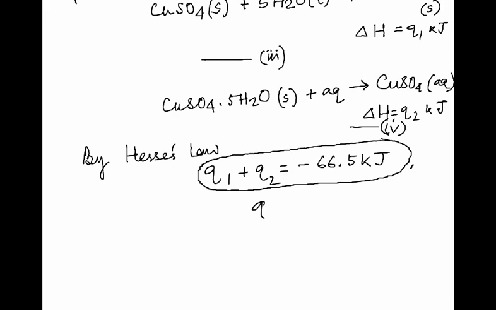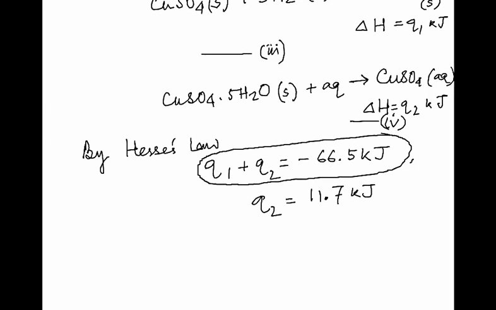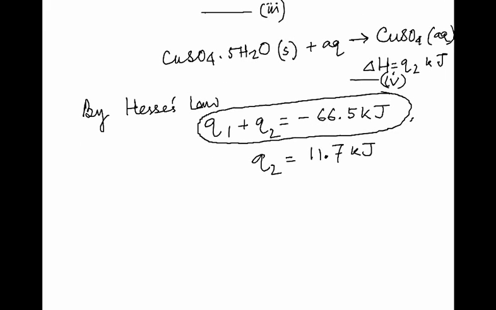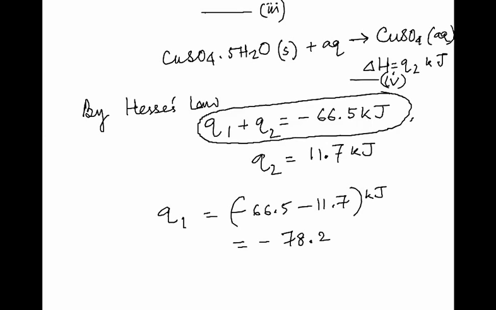Therefore Q2 is equal to 11.7 kilojoule. Therefore Q1 is equal to minus 66.5 minus 11.7 kilojoule, which is equal to minus 78.2 kilojoule.